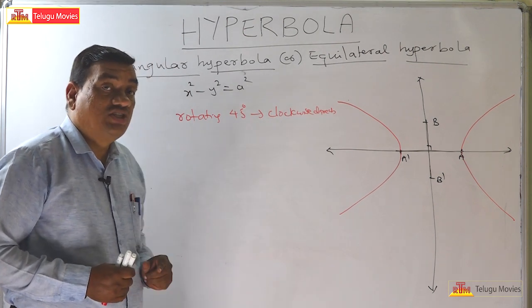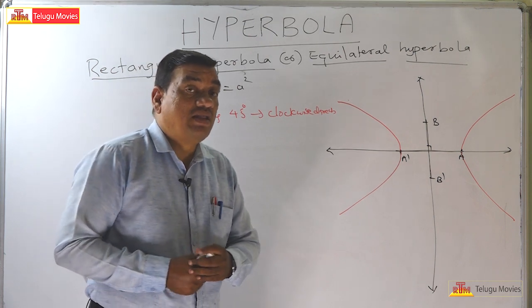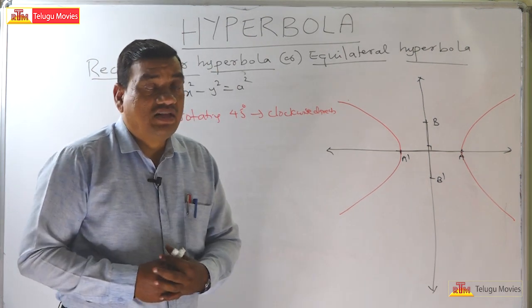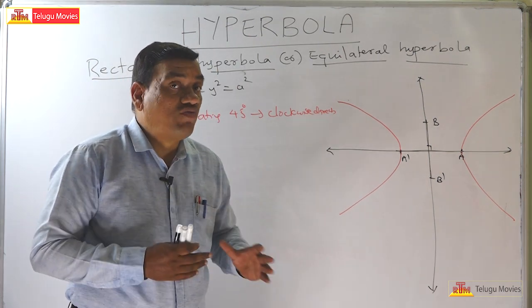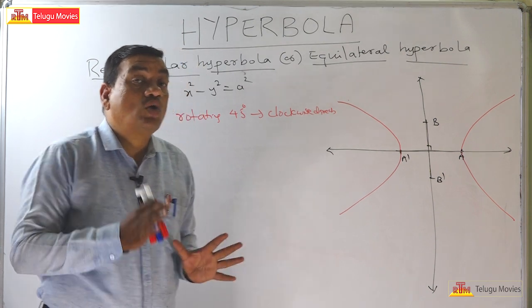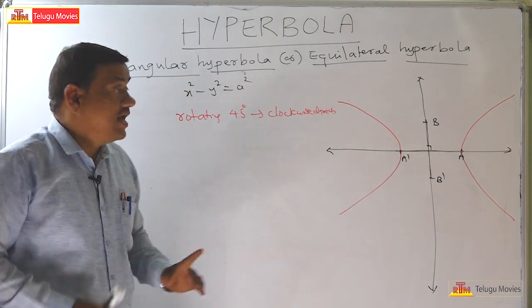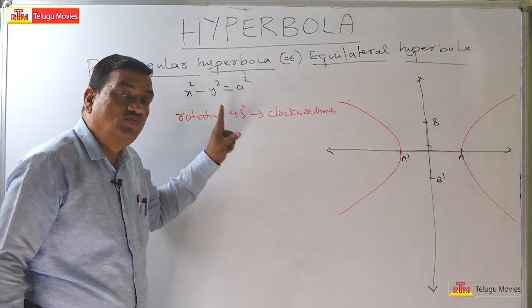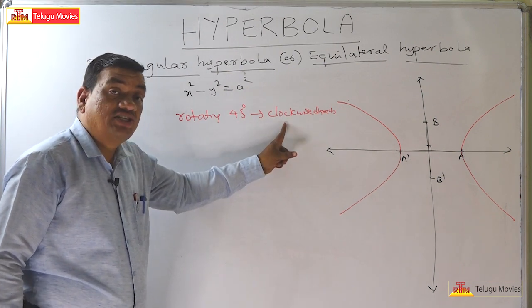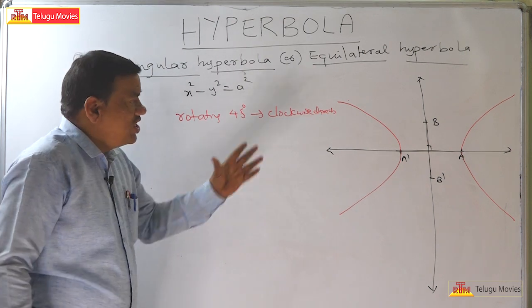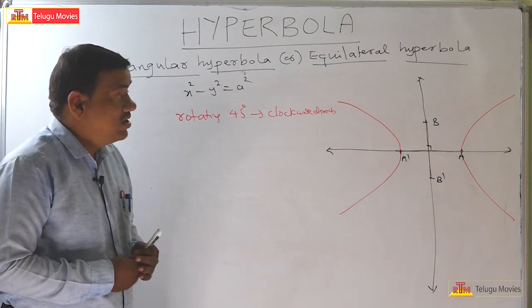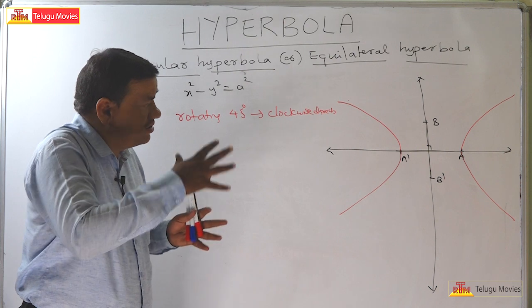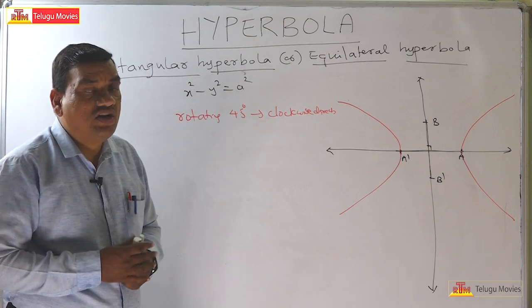In the first year course of mathematics, there we have transformation of axes, where we see the rotation of axes. Here I am rotating both the axes, how many degrees? 45 degrees. In which direction? Clockwise direction. Definitely the shape will be the same, but the position of the hyperbola will change.